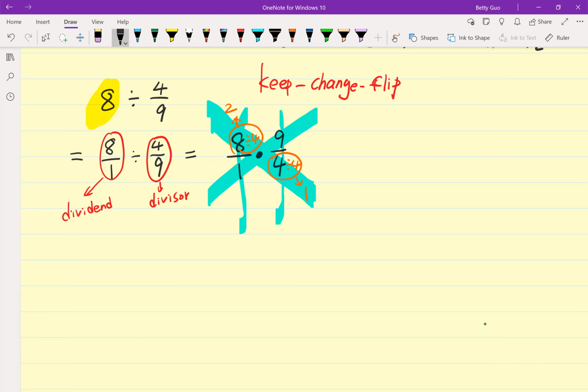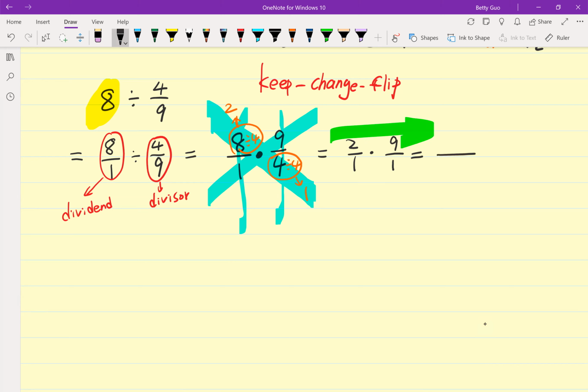So the dividend, 8 over 1, becomes 2 over 1. The divisor, 9 over 4, becomes 9 over 1. Yeah, after the two numbers have changed, you rewrite them. Once we simplify the two fractions, we multiply across. Yeah, this direction. Multiply across.